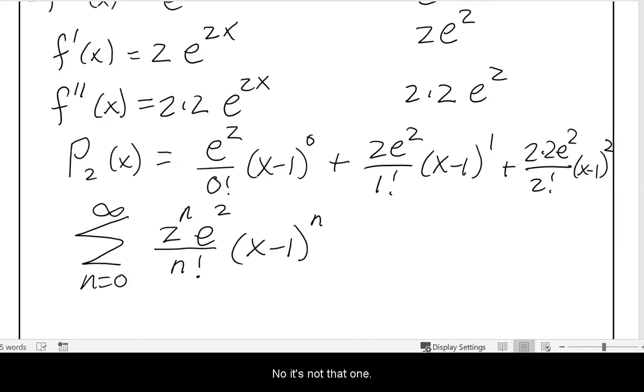No, it's not that one. 14. I want to look at the last part of number 14. All right.